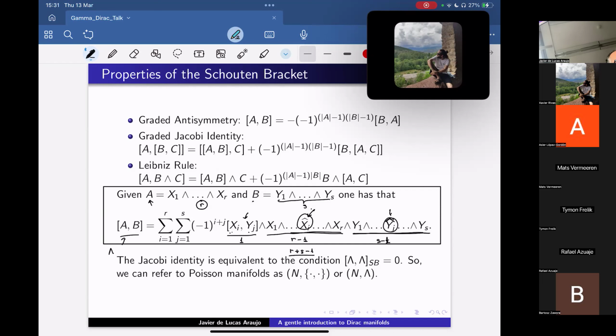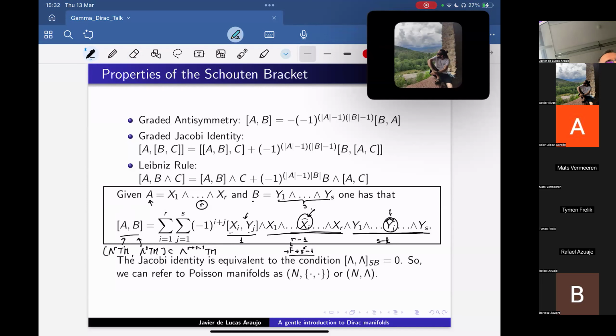If A is an R-vector field and B is an S-vector field, the Schouten bracket is contained in the (R plus S minus 1)-vector fields. If you have a standard vector field at the beginning, R equal to 1, the result is 1 plus S minus 1, which is S. So applying this to an S-vector field gives an S-vector field.